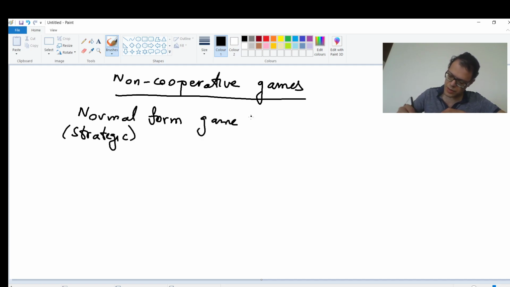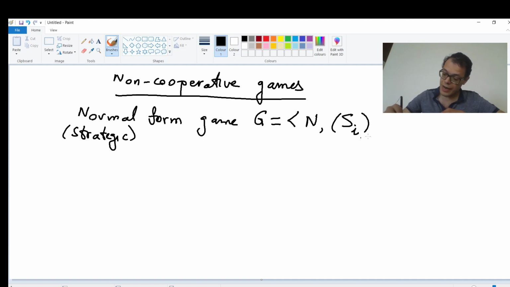A game is a three-tuple of the set of players, the set of strategies for each player i, and the set of utility functions for each player i.